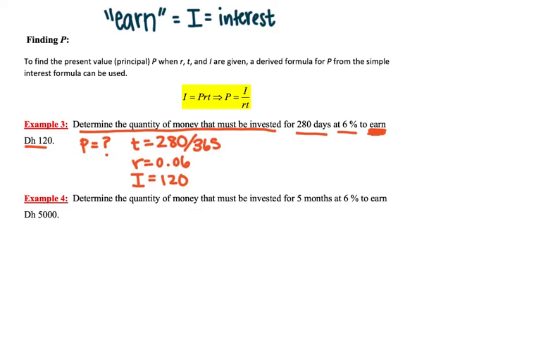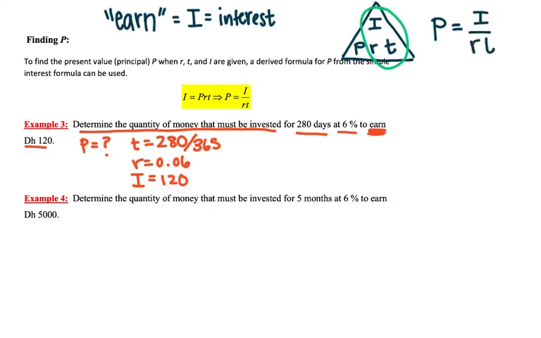So this is a case where they gave us the interest amount, and we have to work backwards and figure out what was the starting amount, what was the principal. So since the P is missing, we will use this equation, P equals I divided by RT. Let me write that here. P equals I divided by RT. Now it's just a plug and chug question.